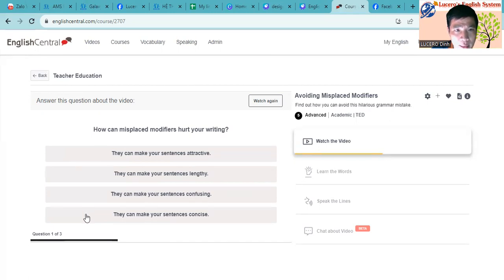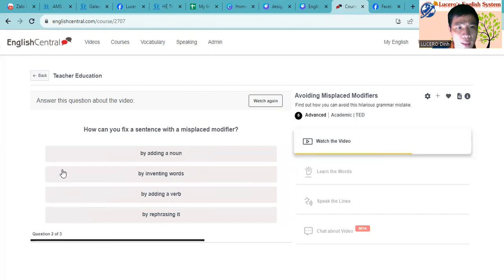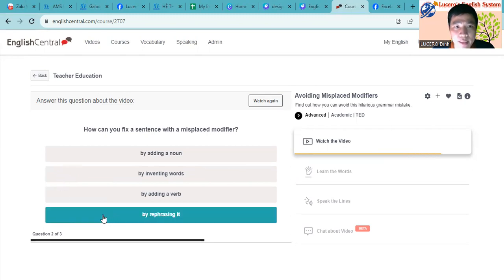So I think, see, how can you fix a sentence with a misplaced modifier? By adding a noun, by inverting words, adding a verb, or rephrasing it. I guess rephrasing it.